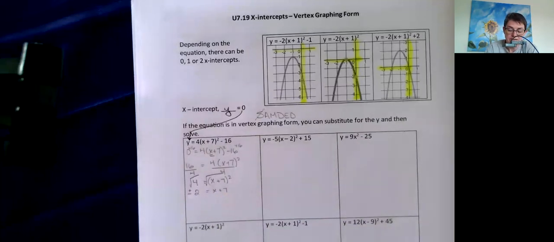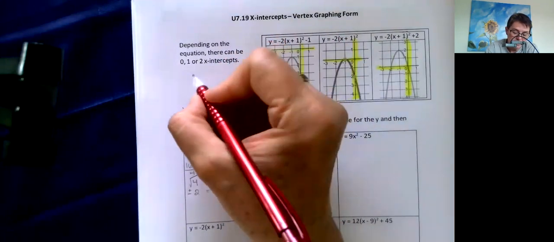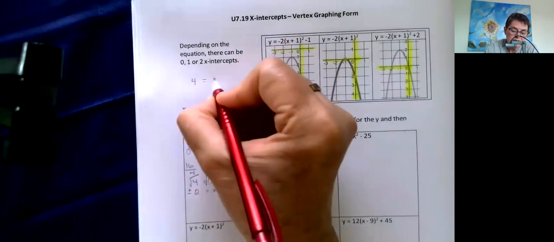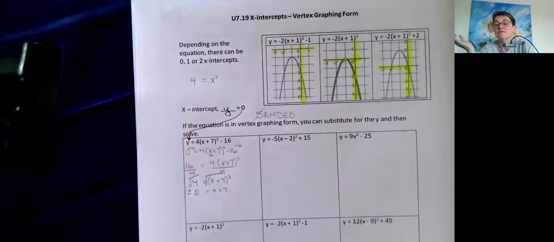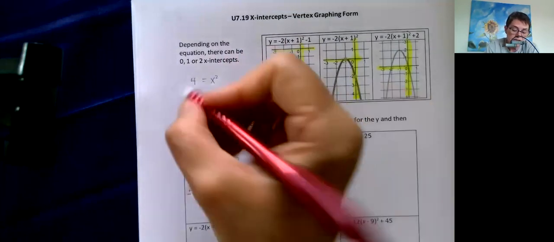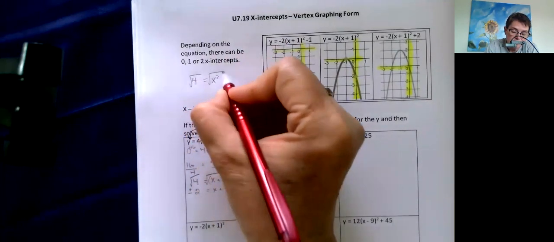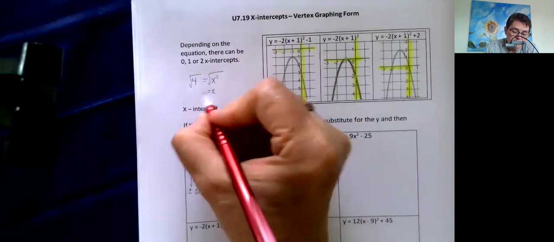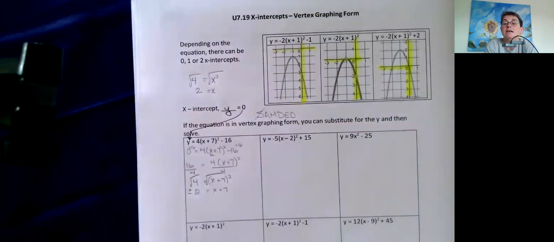Let me just go over here. Let's just say we had 4 is equal to x squared. I'm going to forget about 7 for a second. If that was the equation, we would take the square root, and we would go x is equal to 2. And 99% of the time, that's all you need. That's done. It's perfect. We're good.